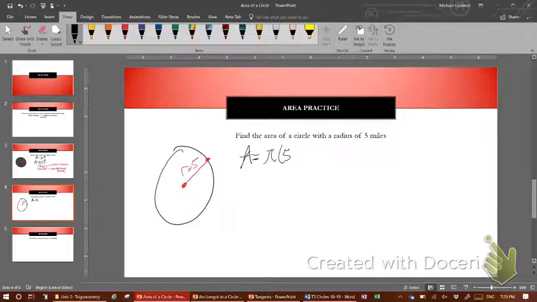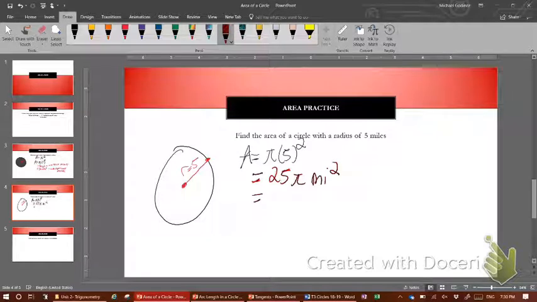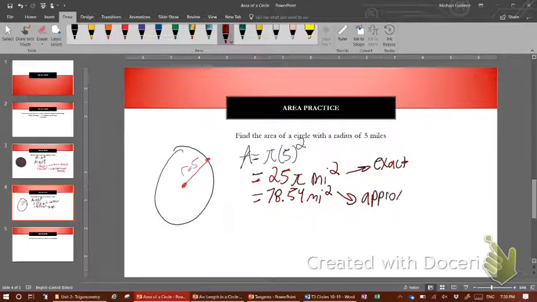We have r, which is 5 to the second power. Our exact answer here would be 5 squared, which is 25 pi miles squared, because we have a different unit now, miles instead of inches. Or, of course, we could approximate it. 25 times pi is 78.54 miles squared.